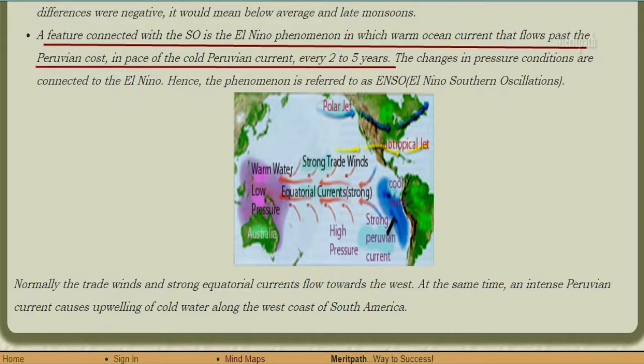Hence, the phenomenon is referred to as El Nino Southern Oscillation. The trade winds and the strong equatorial currents always flow towards the west, and at the same time, the intense Peruvian current causes the upwelling of cold water along the west coast of South America.